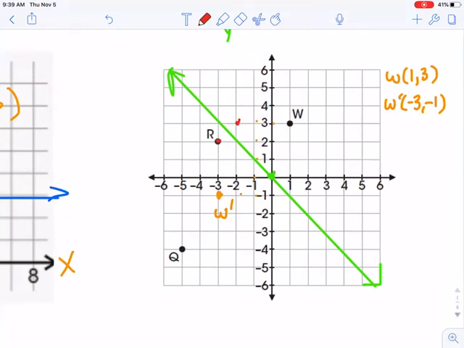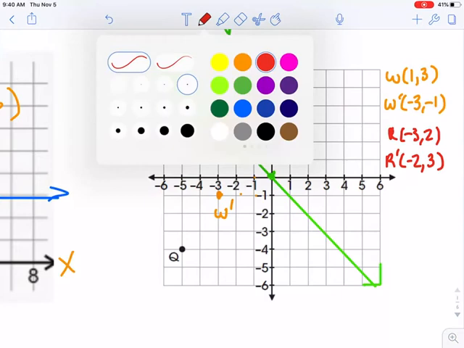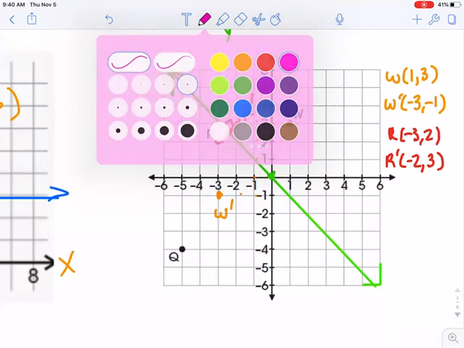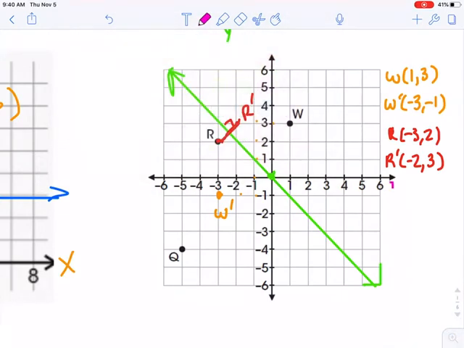All right. R is just going to bloop right over the top of the line, nice and perpendicular. If R is -3, 2, R prime is at -2, 3. And lastly, Q. Q's really far away. Q's got a hike to reflect over this line.